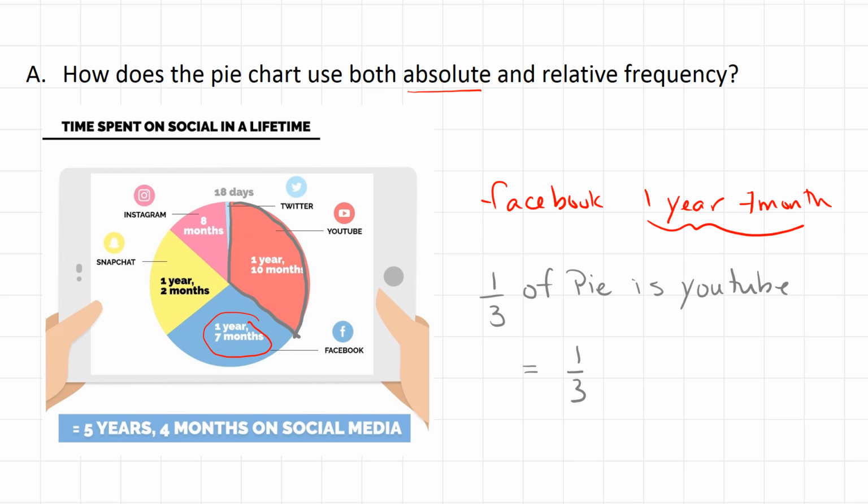So if you want to do that by math, it's 1 divided by 3 times 100, which is approximately 33%. So 33% of the time, or 1/3 of the time, of all of your time spent on social media, you're spending it on YouTube. That is the relative part, because you're comparing it to all of the other platforms.